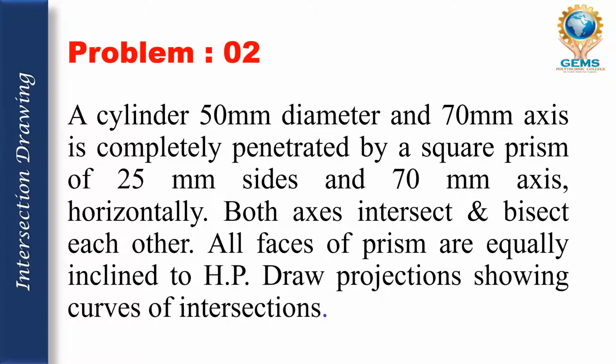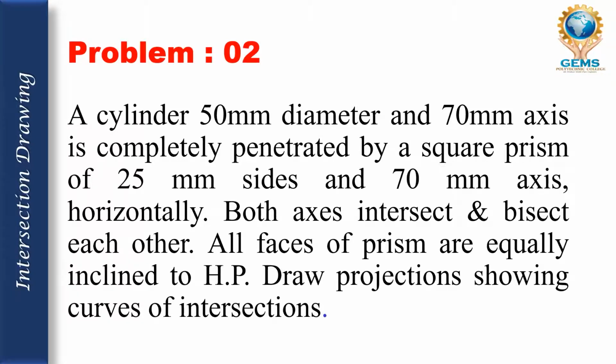Got it? There are two objects: one is a cylinder, another one is a square prism. The cylinder diameter is 50 mm and the length is 70 mm. It is completely penetrated by a square prism, whose side is 25 mm and axis length is 70 mm. These are different objects with different shapes and dimensions.